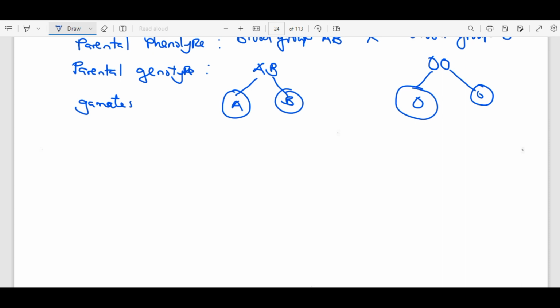After gametes, we have the offspring genotype.